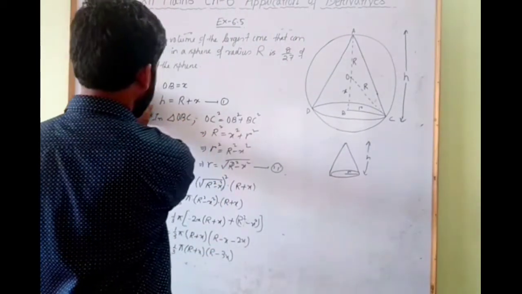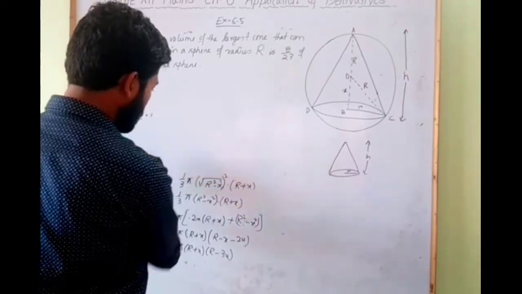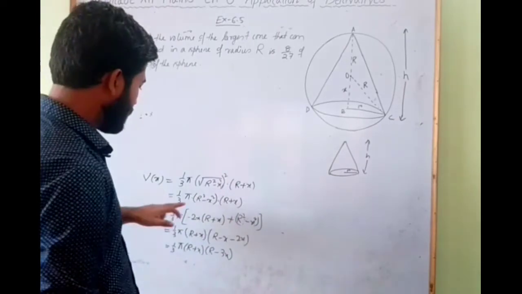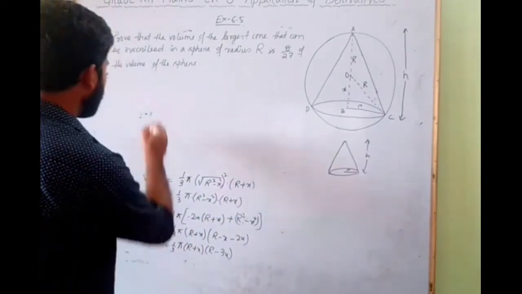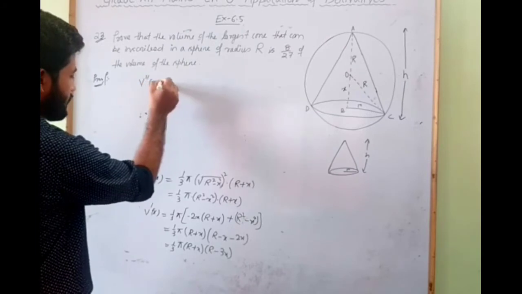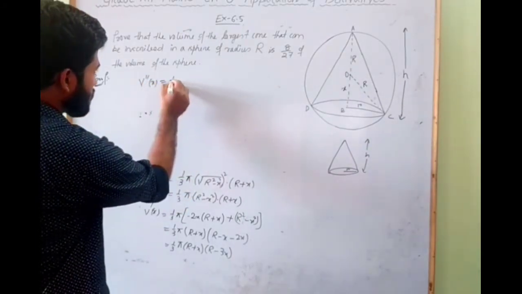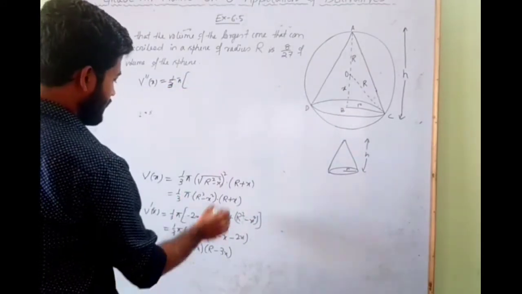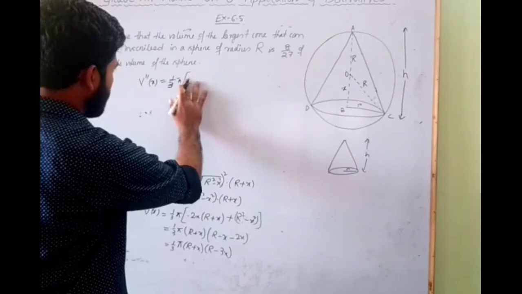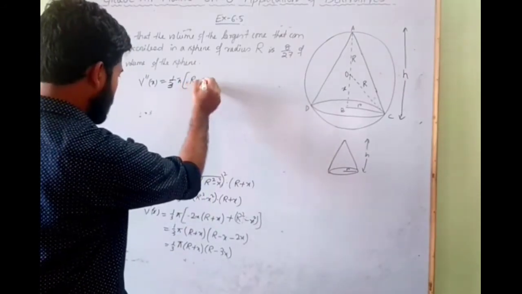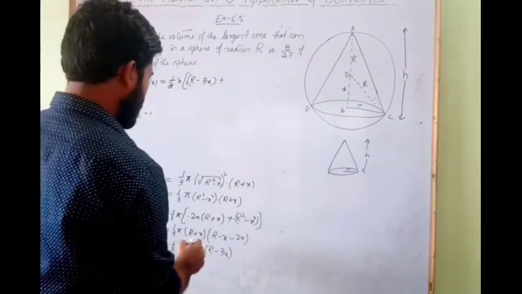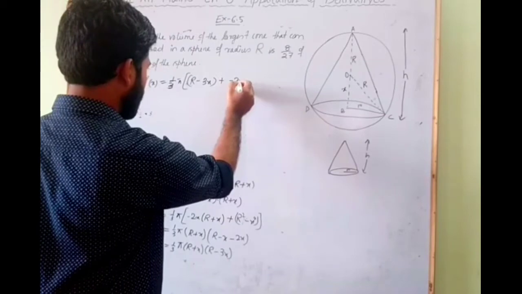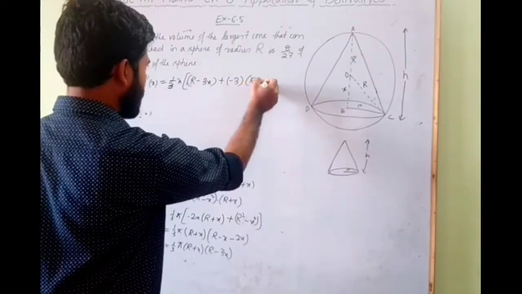So we have got the volume of the cone, this, and the first derivative as this. Now what will be the second derivative of x? Keep the constant separate, 1 by 3 pi, then differentiate the first function, that will be 1, into the second function R minus thrice x, plus derivative of the second function into the first function, that is minus 3 into R plus x.